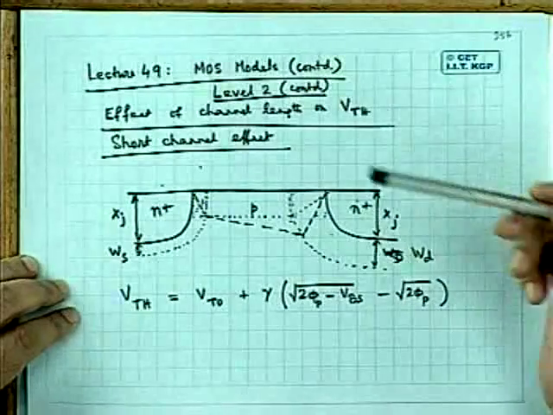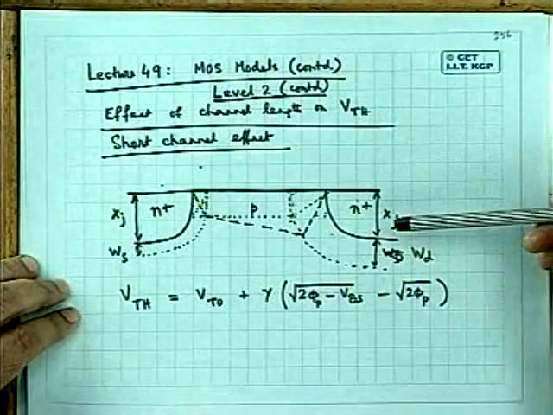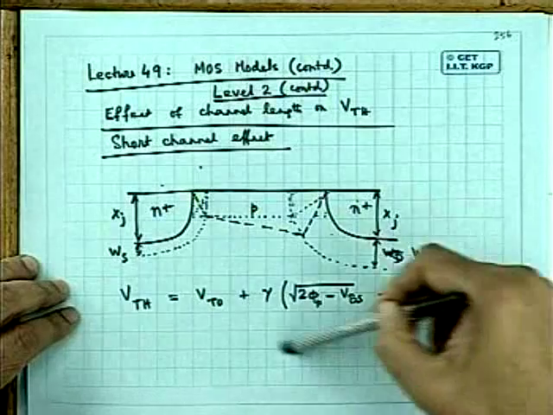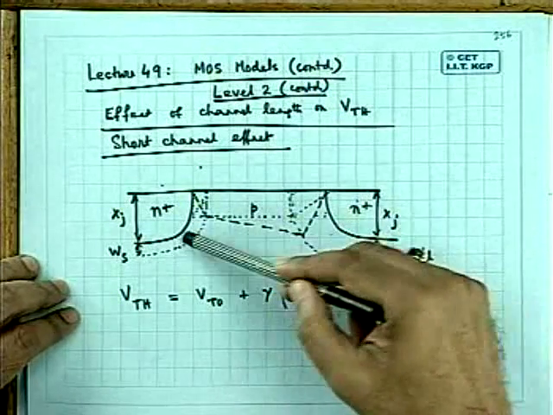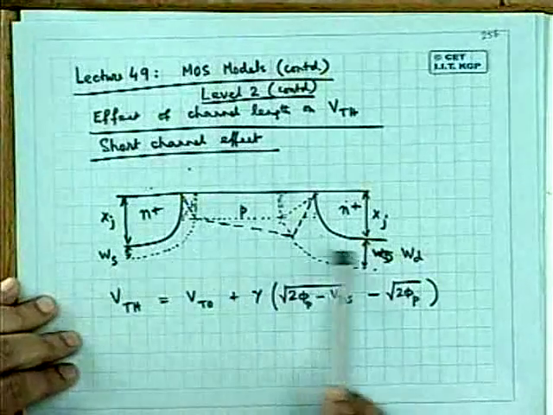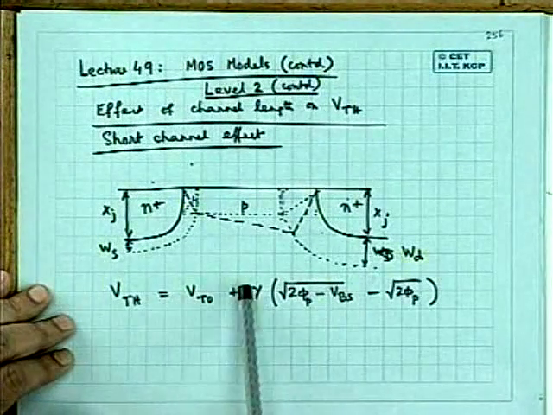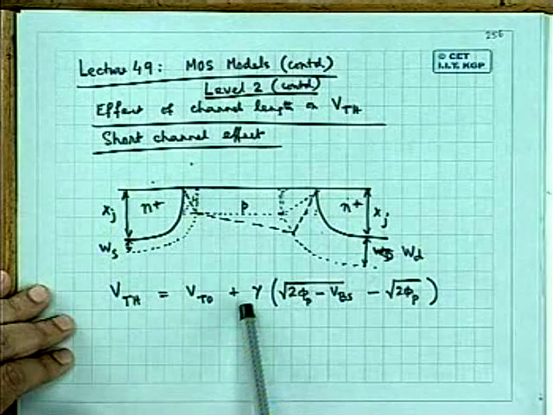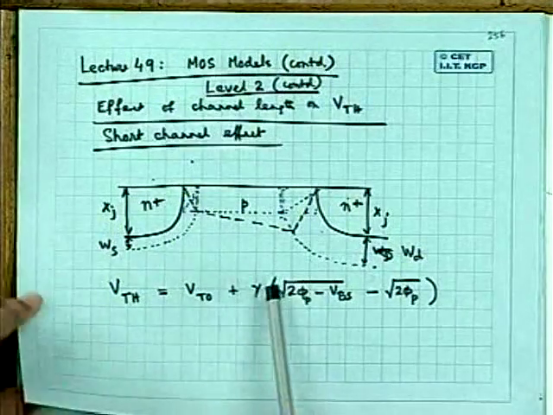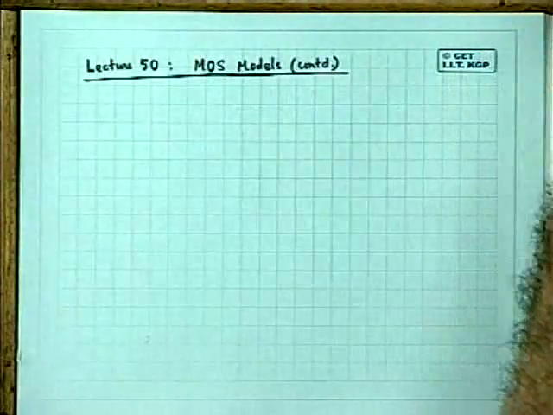Last lecture we first discussed the effect of channel length on the threshold voltage, modifying this expression taking into account the charge sharing effect. In the expression for threshold voltage, gamma is called the body effect parameter, and through the charge sharing effect, gamma is modified like this.